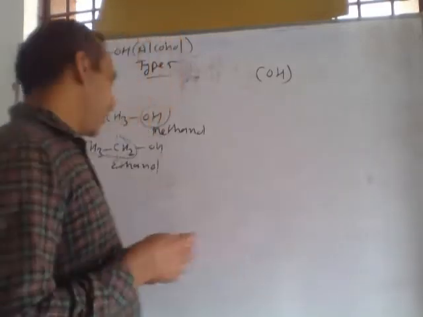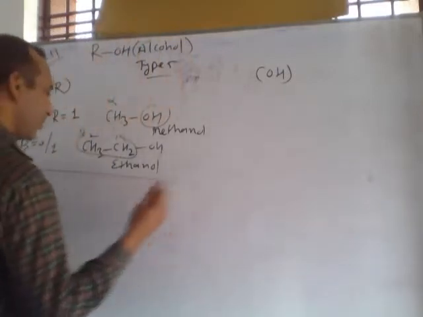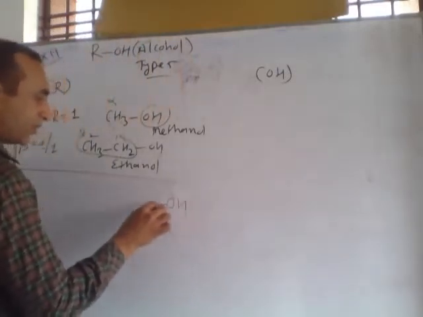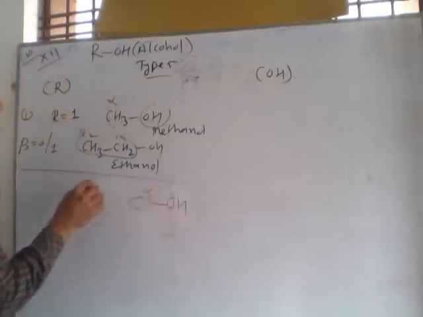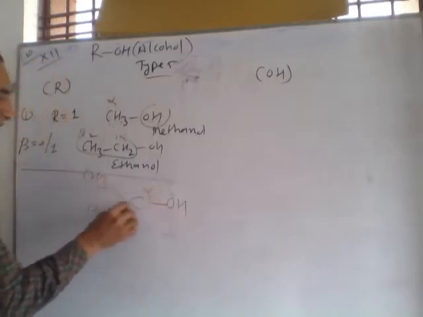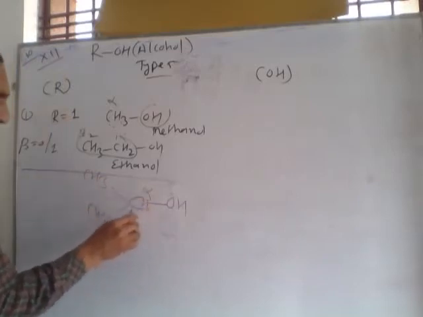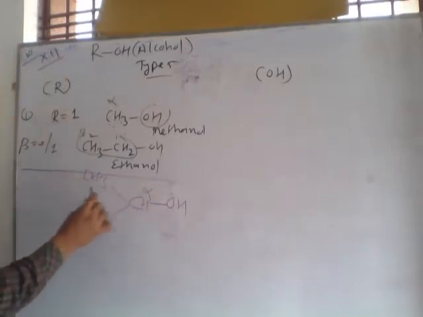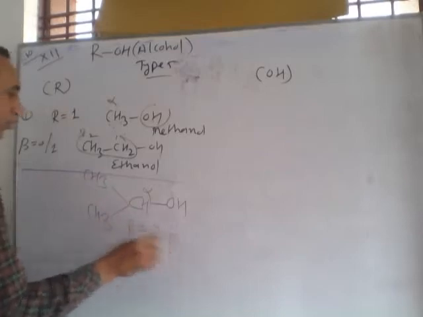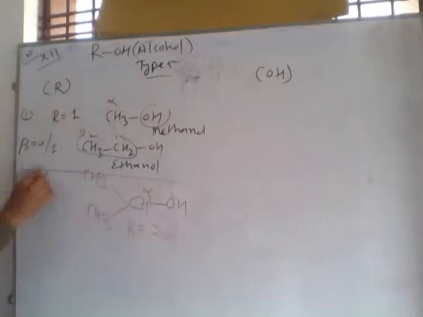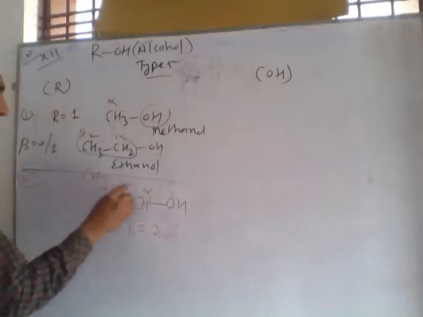on the basis of number of beta carbon atoms. Listen. Second, this is OH group connected with carbon, and in this case there are two CH3 groups connected with this carbon to complete 4 valency. In this case beta carbon are 2, so this is called secondary alcohol, and its name is, 1, 2, 3.